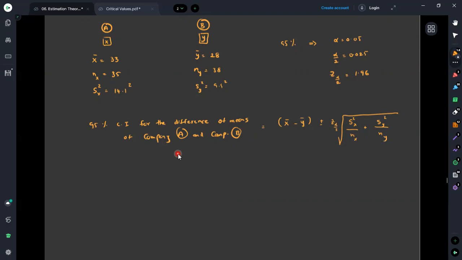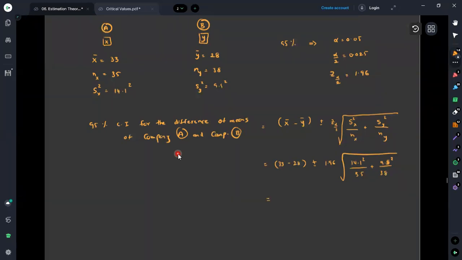Using the appropriate substitution, we get 33 minus 28 plus or minus 1.96 times the square root of 14.1 squared over 35 plus 9.5 squared over 38.